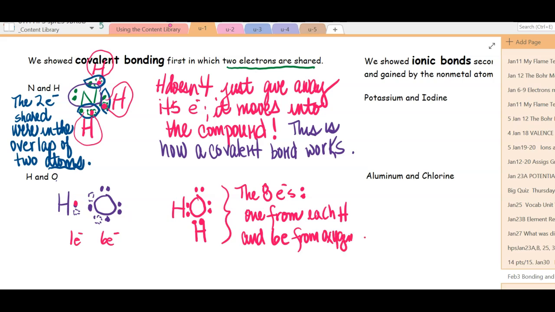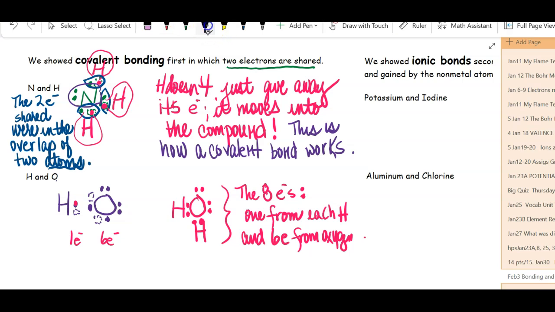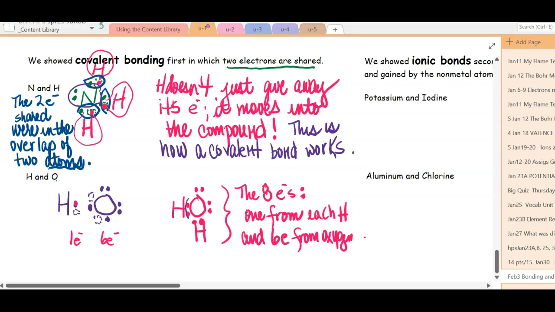So that's where these 8 are, and now I'll put the peapod thing around them to indicate the sharing between these 2 elements. Whoops, that's not the right one, is it? That's already paired up. That's already paired up. Yeah, it's the other one here. There you go.